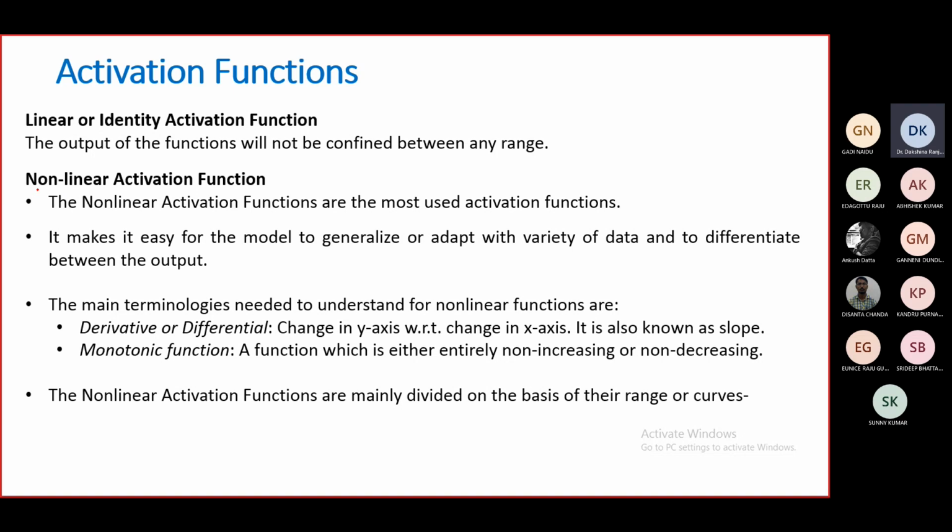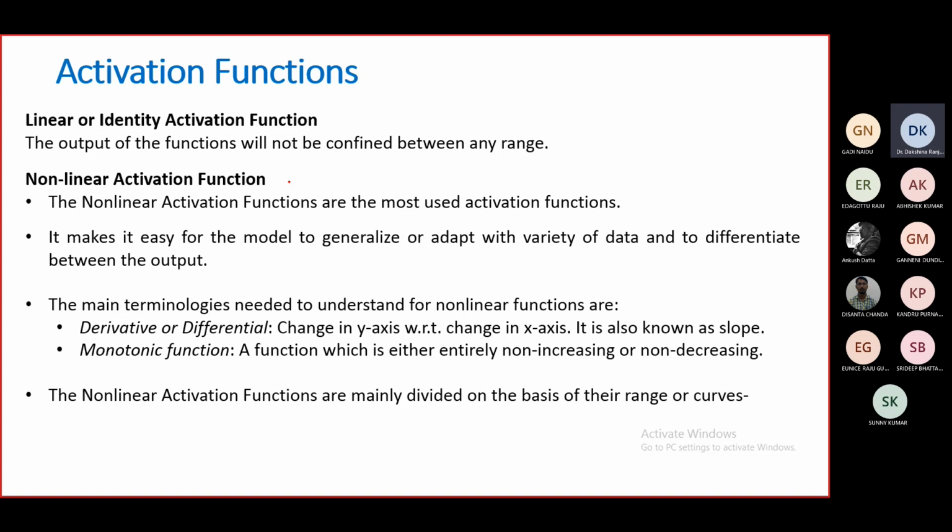But if we consider the nonlinear activation functions, then we can bind the output between 0 and 1, just like probability values. If we are working with multi-class classification, then these probability values will decide the proximity of the class belongingness.